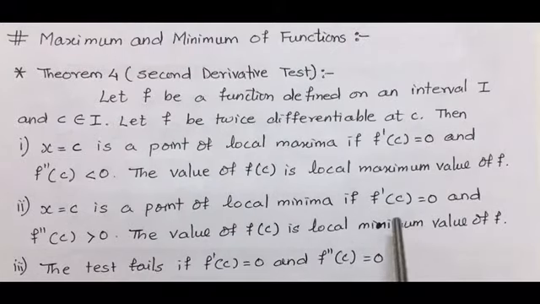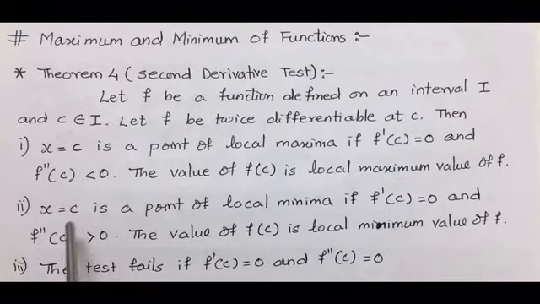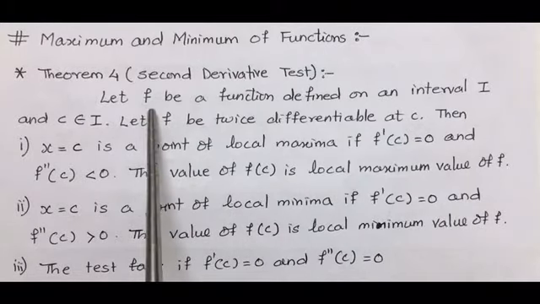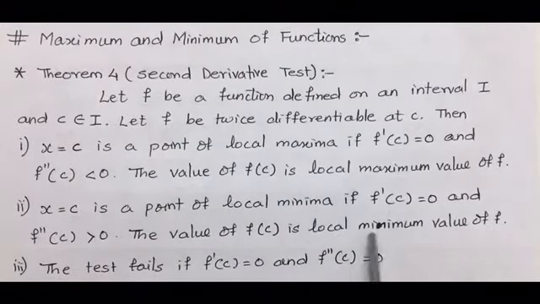Calculate the value of x, then we calculate the second derivative. Whatever the value of x we get is kept in the second derivative. If the value we get is positive, that is greater than 0, then x is a point of minimum. The same value of x we keep in the function f, and we get the local minimum.